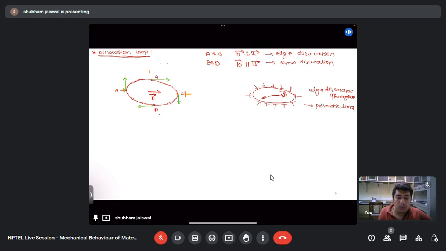Then we studied the concept that is the Volterra construction. In Volterra construction, what do we assume?